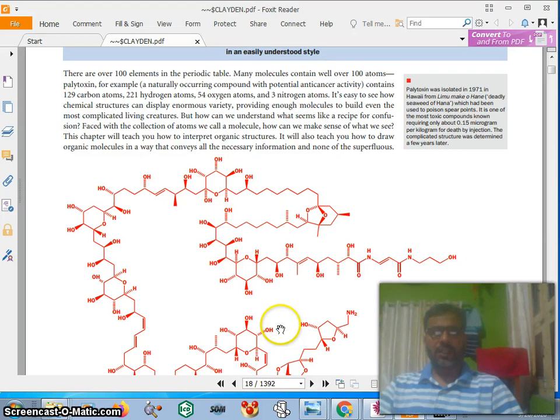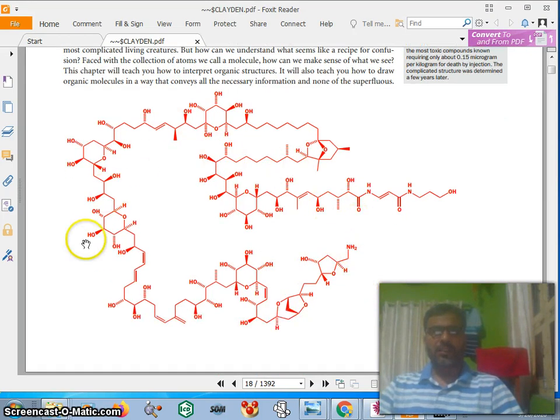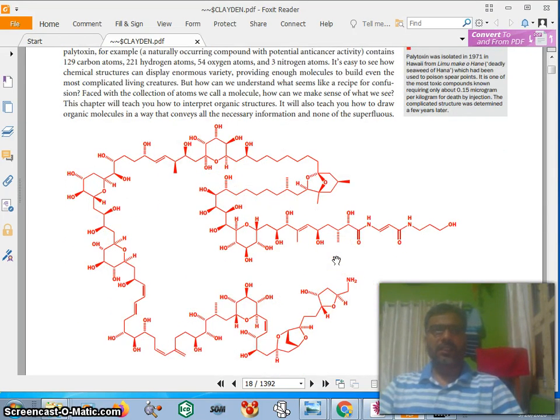You see this structure here is 129 carbon atoms and 221 hydrogen atoms, 54 oxygen atoms in this molecule, and 3 nitrogen atoms, only 3 nitrogen atoms.